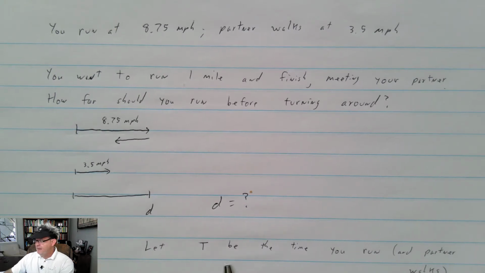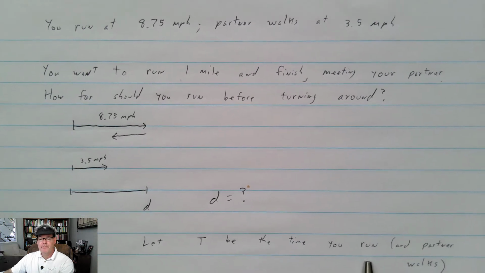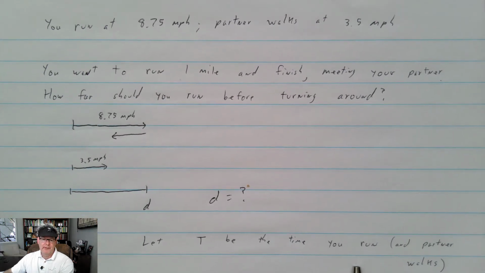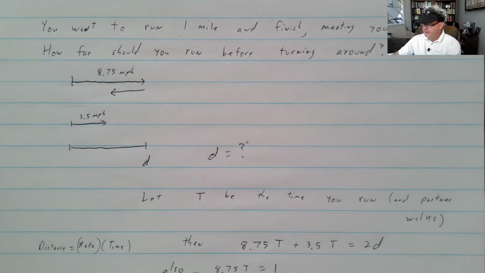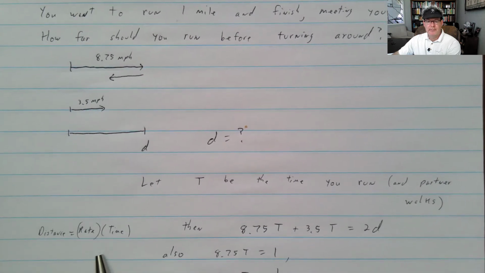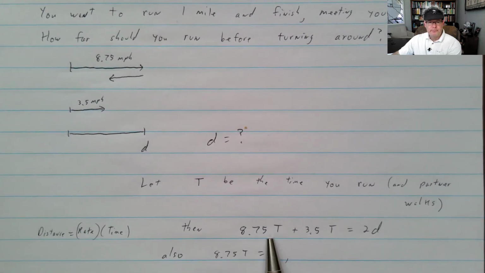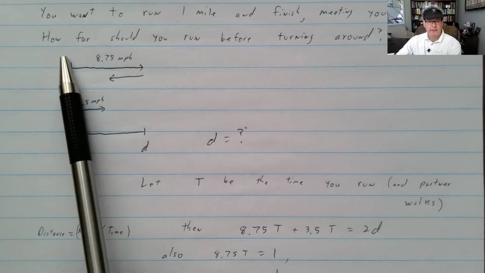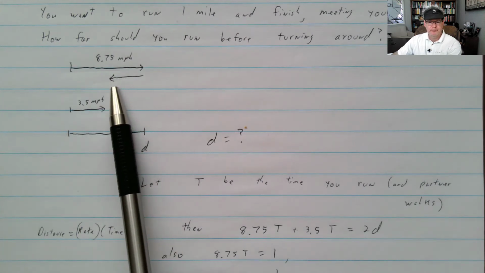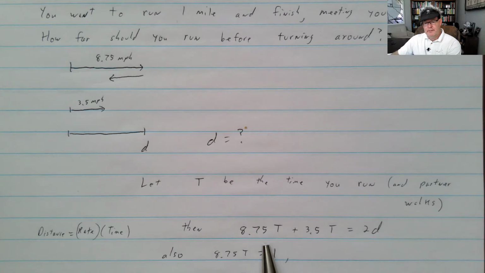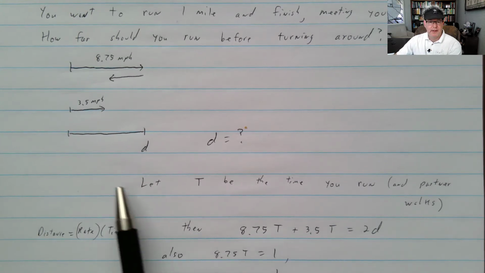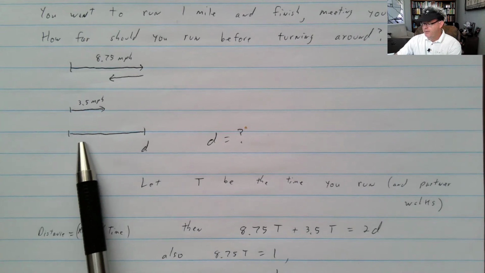Let's just let T be the total time that we run. So the time it'll take me to do the full mile. Then we can see, distance is rate times time. So the total time I go times the rate plus the same time times my partner's rate, that's going to be 2 times D. Right?